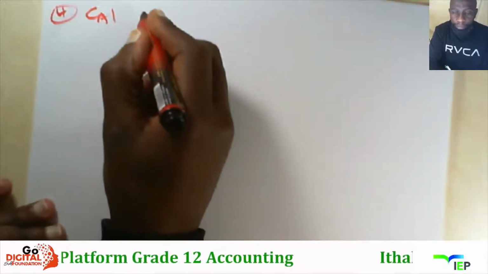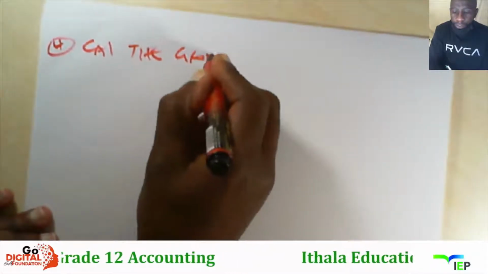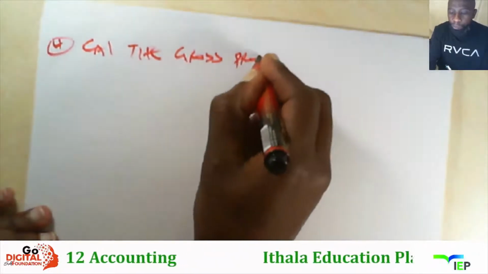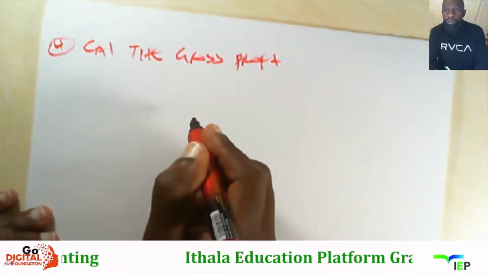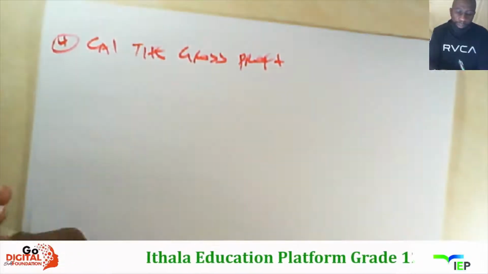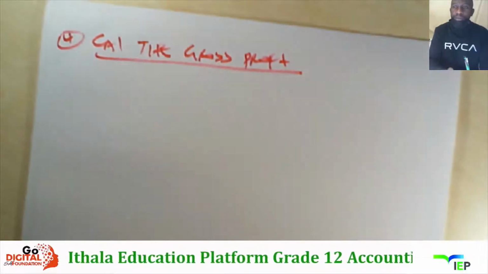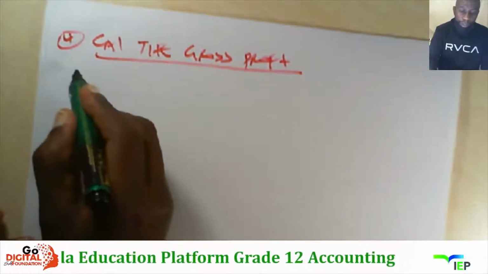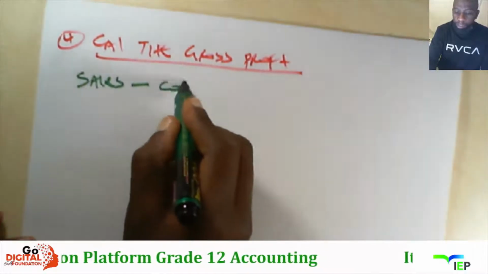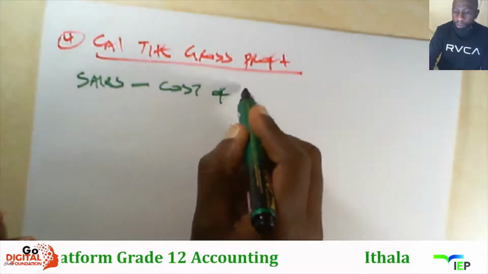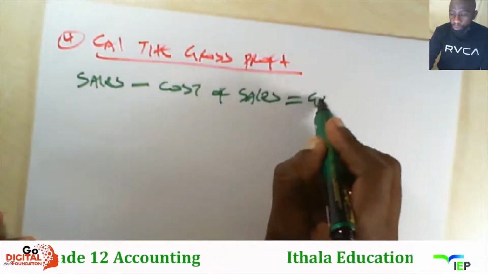calculate the gross profit. There are three ways that you can use to calculate a gross profit. We can just simply say sales less cost of sales. Sales minus cost of sales is equal to gross profit.